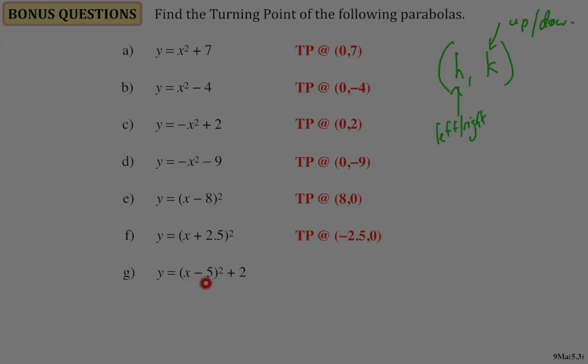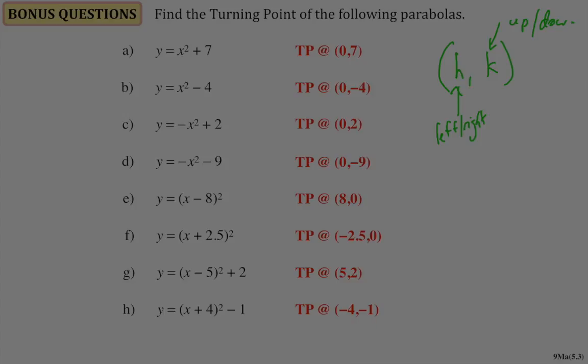This one has left and right movement and up and down movement. So it's moved right 5, up 2. So the turning point will be at 5, 2. For this one, left and right movement, it's moved left 4, down 1. So the turning point will be left 4, down 1, -4, -1.